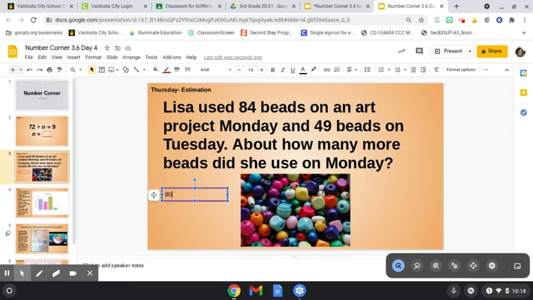And then 49, we know that's closest to 50. It's only one away. And the question is about how many more beads did she use on Monday? So we have to subtract to compare. So 80 minus 50, the answer is 30. So Lisa used about 30 more beads on Monday.